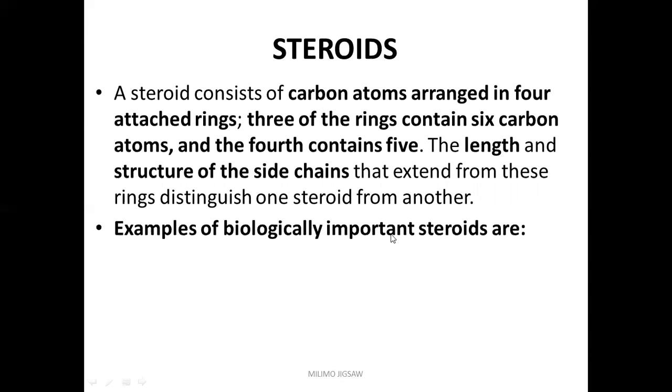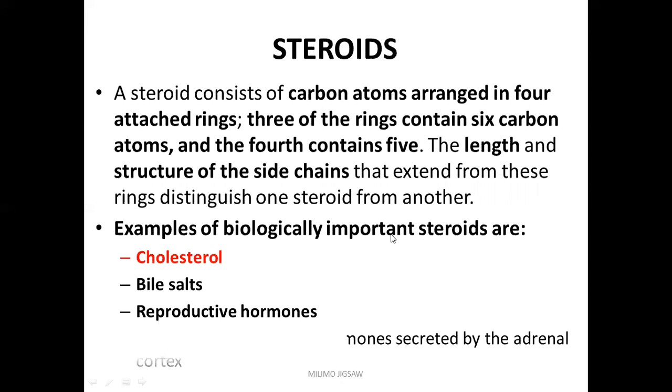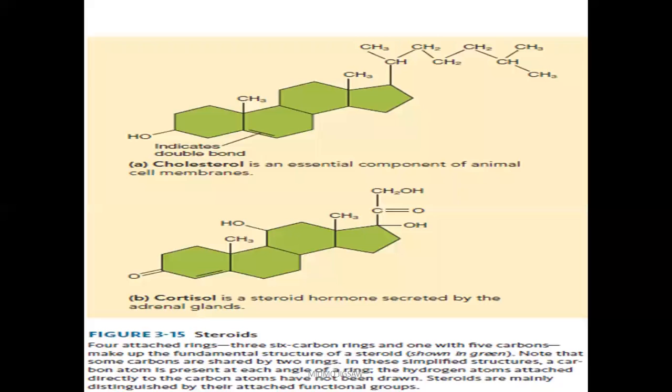Important steroids are cholesterol, bile salts, the reproductive hormones, and also other hormones produced by the adrenal glands, for example cortisol. So this is an example of a steroid, and in this case, this is cholesterol.